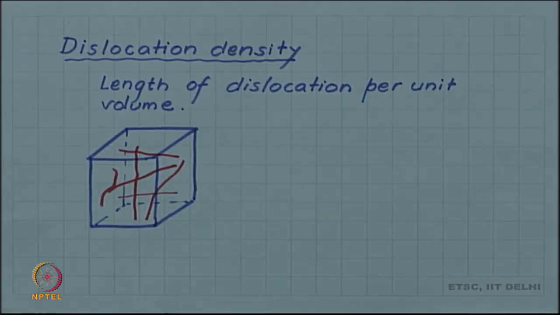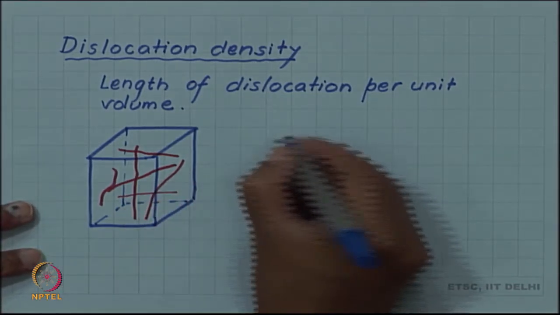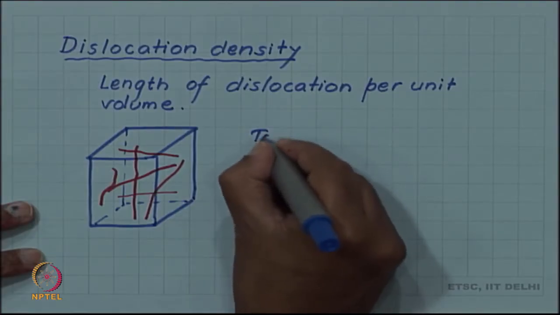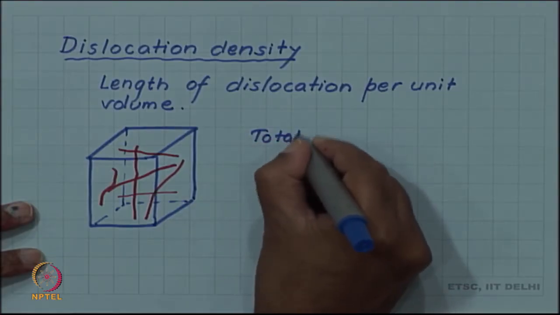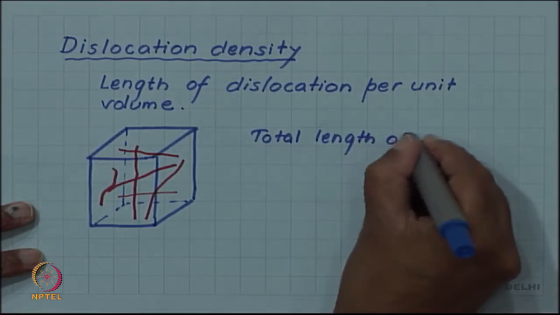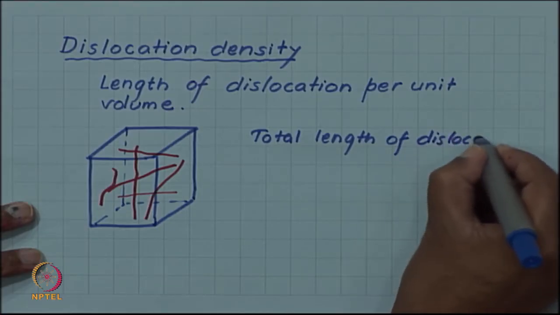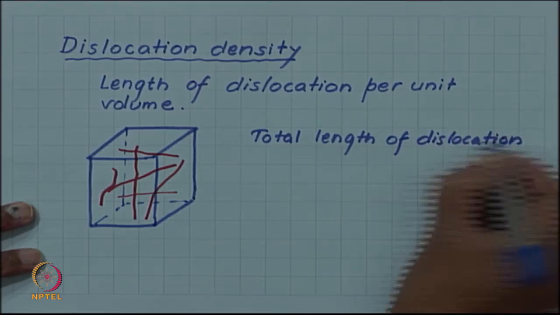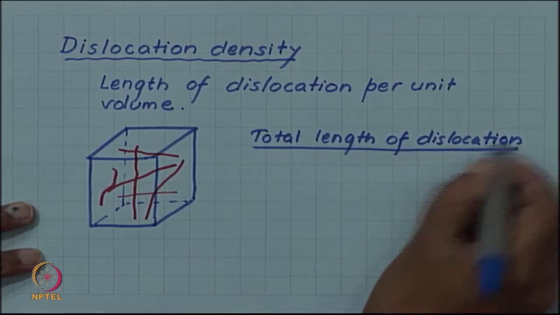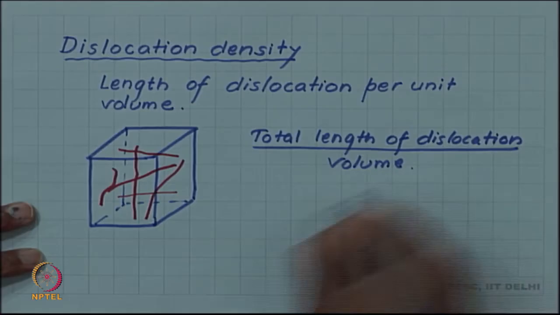And so on. So, the total length of dislocation line divided by the volume is called the dislocation density.